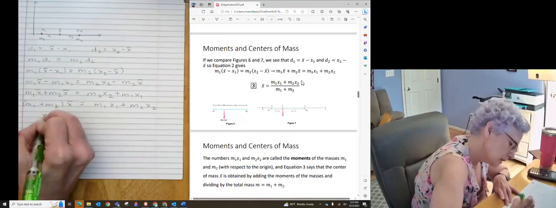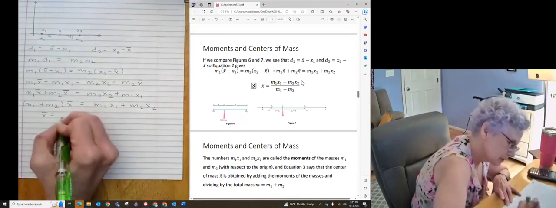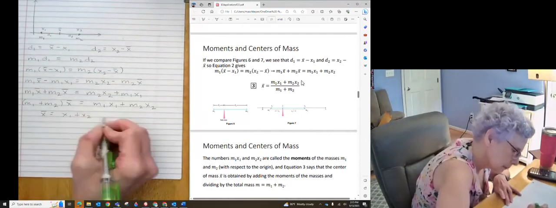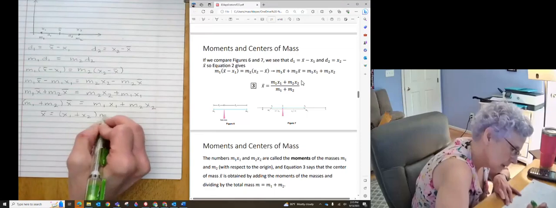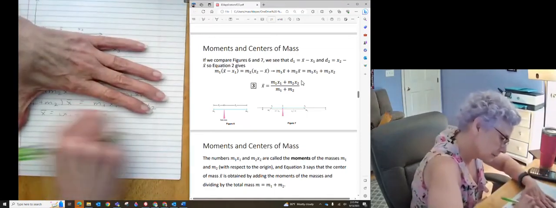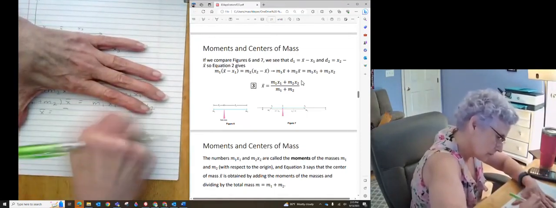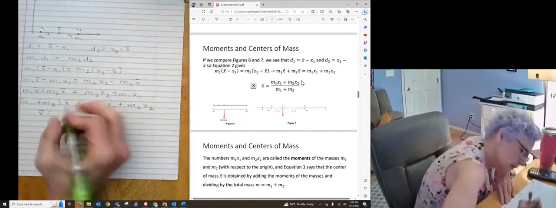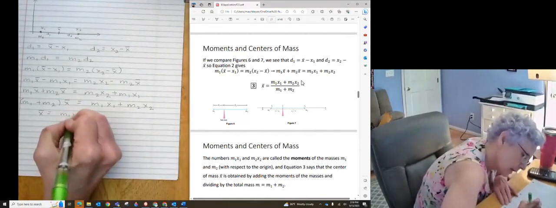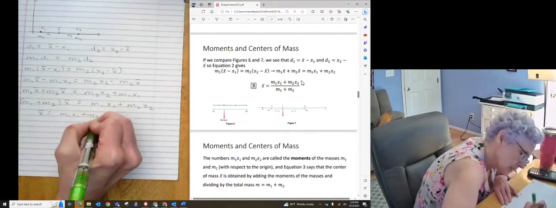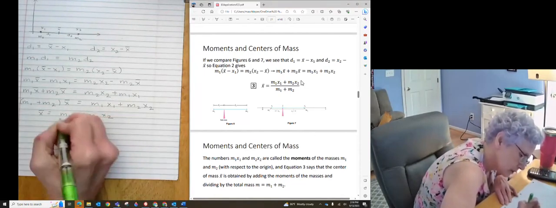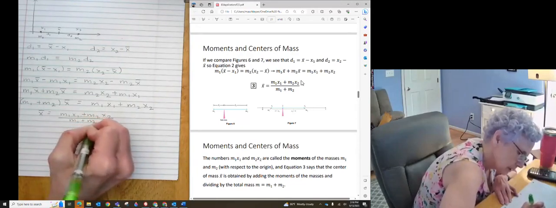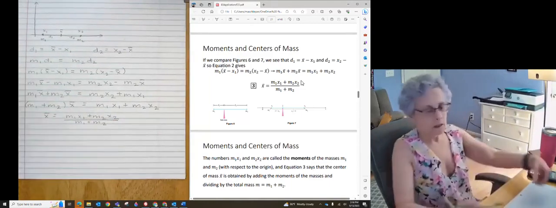We can't factor anything else out because they are different. So x bar equals m1 x1 plus m2 x2, all of that over m1 plus m2.